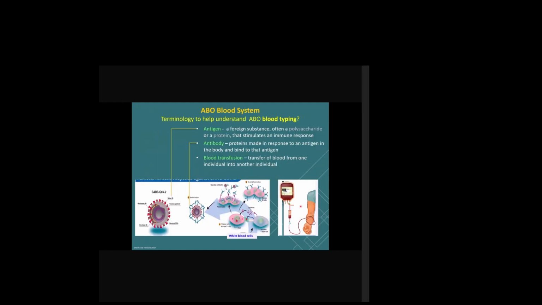Some terminology to understand when we're talking about blood types, which are usually designated A, B, and O blood typing: on our red blood cells, even though I showed you a nice round biconcave disc shape, they have small structures on their surface called antigens.